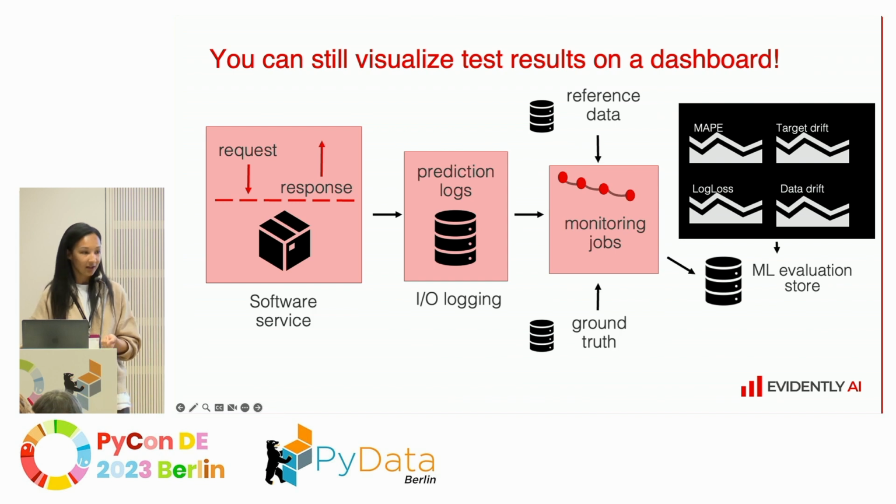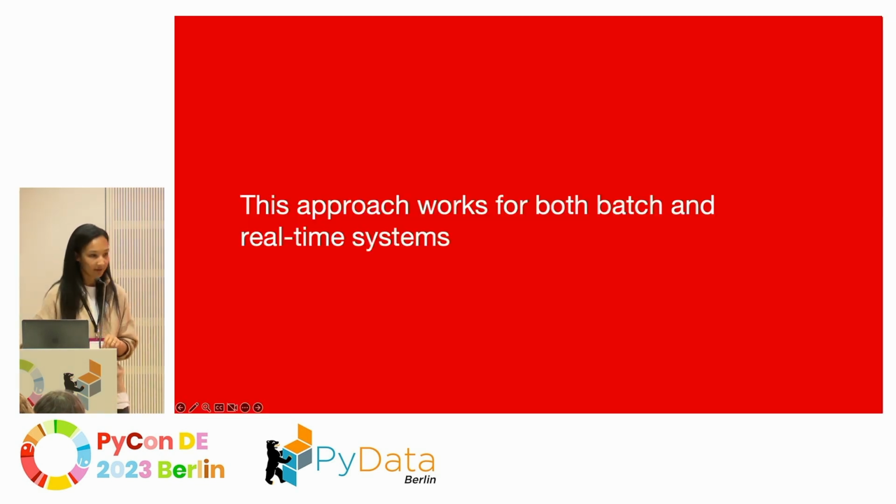And finally, if I still have 2 minutes, I want to say that it works not only for real-time solutions, but also for batches, right? I started from real-time because it's a bit more complicated, I would say. When you have your machine learning model deployed as a REST API service, you really have a lot of pressure for monitoring.